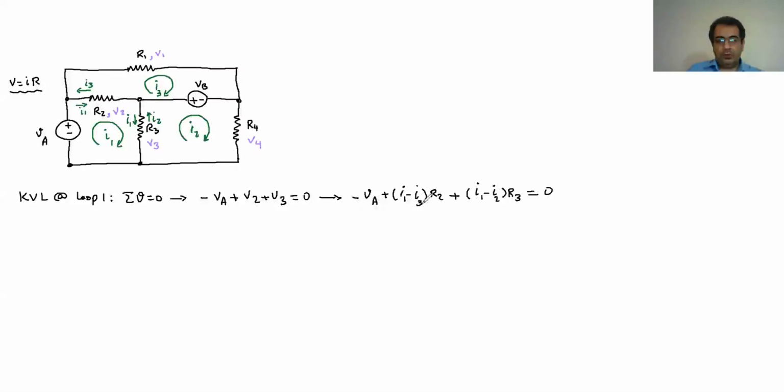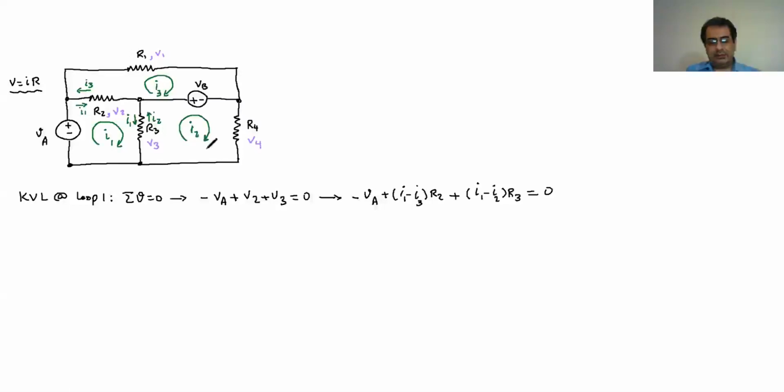And eventually, if you look at this equation, by the time you're doing it, you don't even need to remember that it's always the I inside the loop minus the I coming from outside the loop. So here I1 minus I3, here I1 minus I2. After you write one or two of them, you don't need to remember them. Always subtract the I inside the loop minus the I's outside the loop.